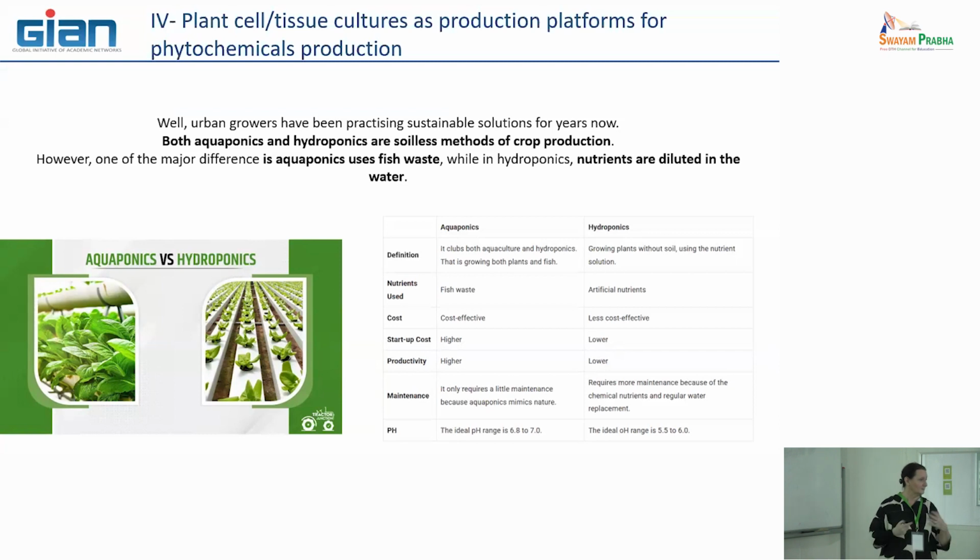It only requires a little maintenance in this case, perhaps more maintenance in this one. So it depends on what you have the possibility to invest at the beginning, on the surface, and on the objective you want. You can now have different types of culture methods to produce plants for several applications.